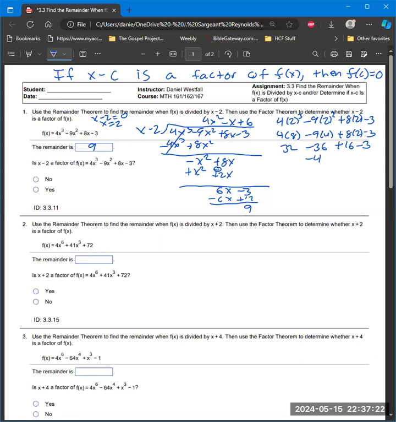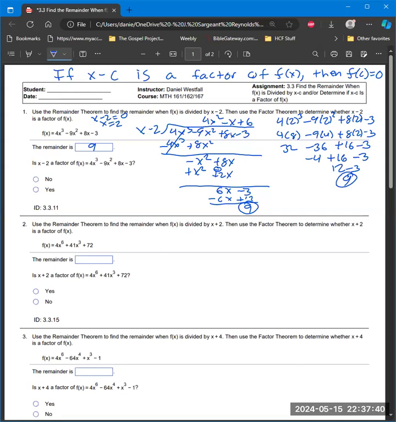That's a negative 4 plus 16 minus 3, which is 12 minus 3, which is 9. And I get the same 9 whether I get it as the function value this way or the remainder from long division. It's the same thing.